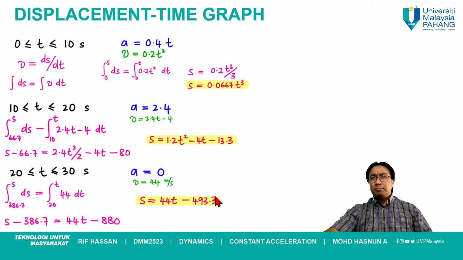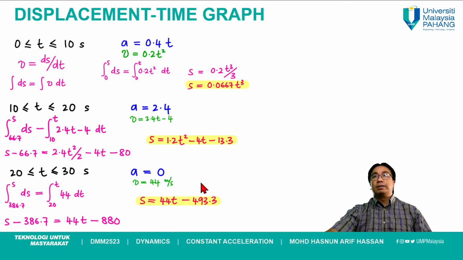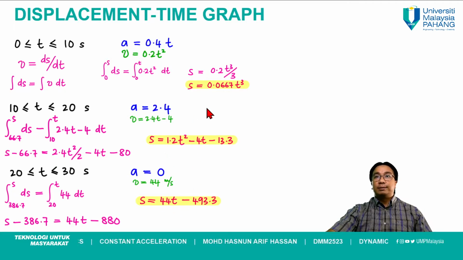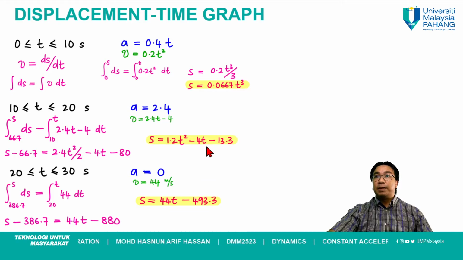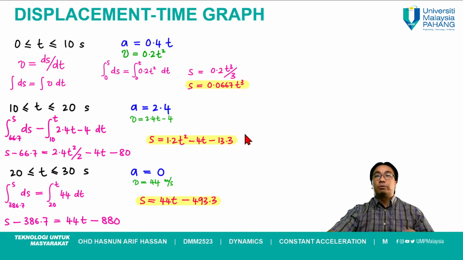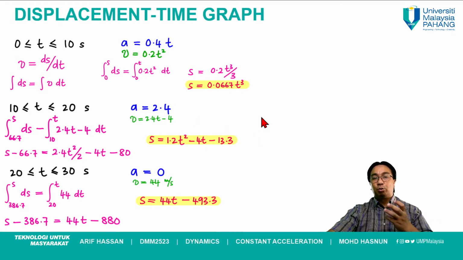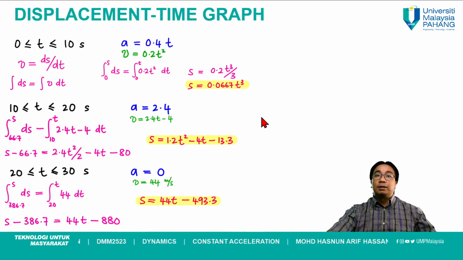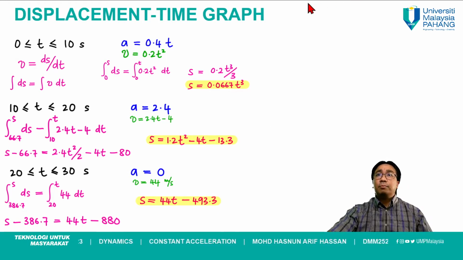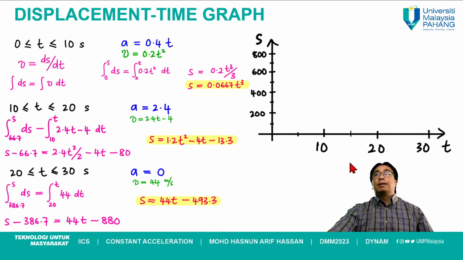Okay. So now you have all three functions untuk displacement, untuk S. Inilah kita panggil piecewise function, sebab function dia berbeza mengikut masa. So this is what you call as piecewise function lah. Itu terma matematik. Okay. Sekarang kita nak cuba plot.